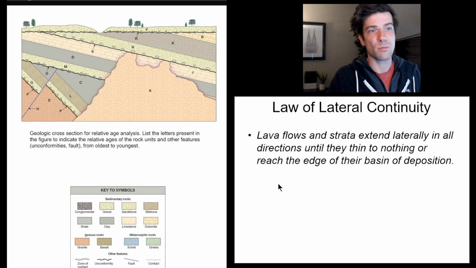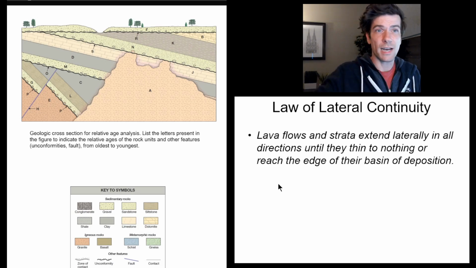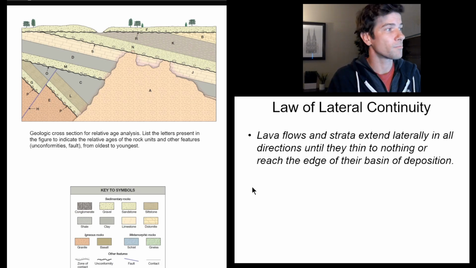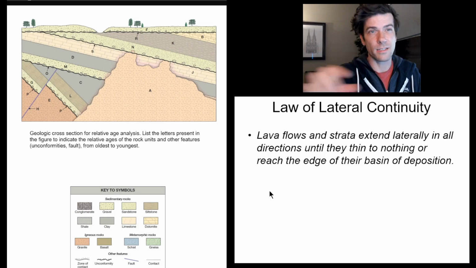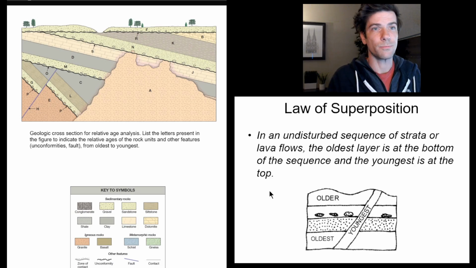So if you imagine pouring a bucket of sand into a swimming pool, it's not going to cover the entire bottom of the swimming pool. It's going to be deposited horizontally. It'll be thicker right where you pour it, but it'll just thin out until it's nothing. So that's lateral continuity. And in between, where it's the thickest and the thinnest, it's more or less continuous.